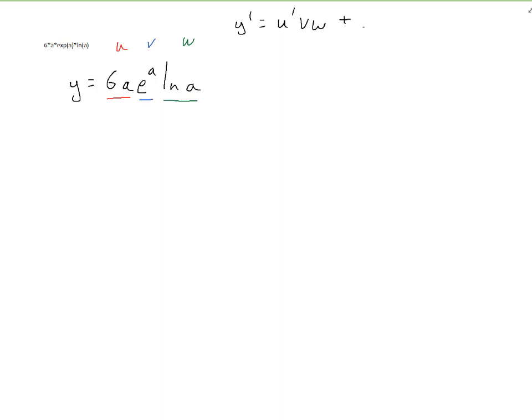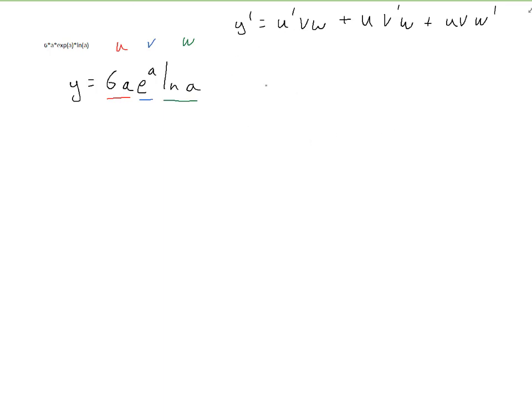And then u has finished, so that waits there. v is now being differentiated, w is waiting, and then finally u and v have finished, and w at last has its turn to be differentiated. So that's how you generalize to 3 terms in the product, and you can expand that to 4 or 5 or more as you see fit.